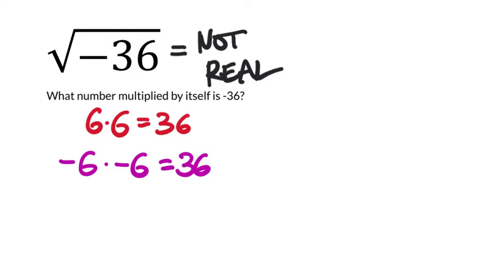Well, that means you can't find a value that would make this work. It's just not real. So you're telling me there's such a thing as a not real number? That's correct. We just don't care about that in 8th grade math, all right? That's like 10th or 11th grade kind of math. But for now, all we've got to say is, hey, this one's just not real.